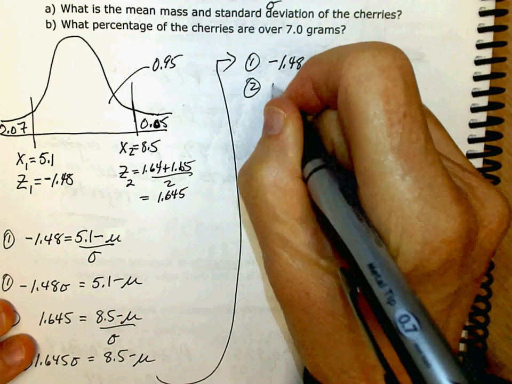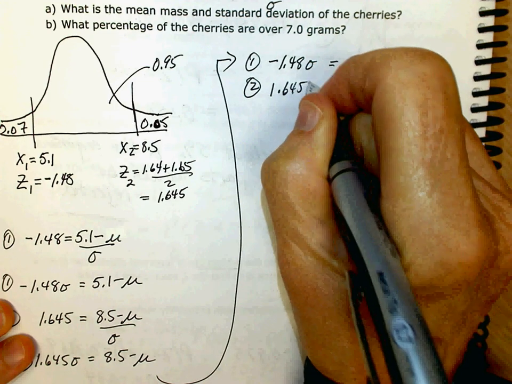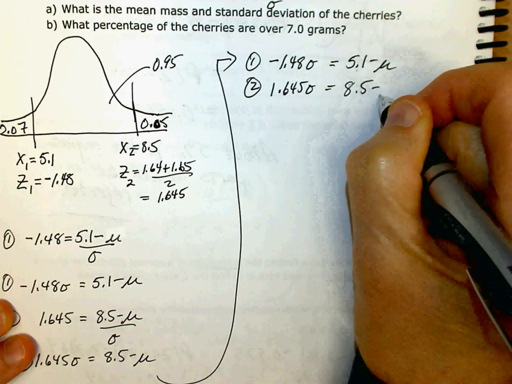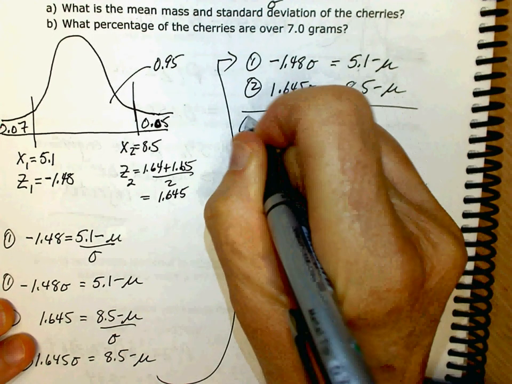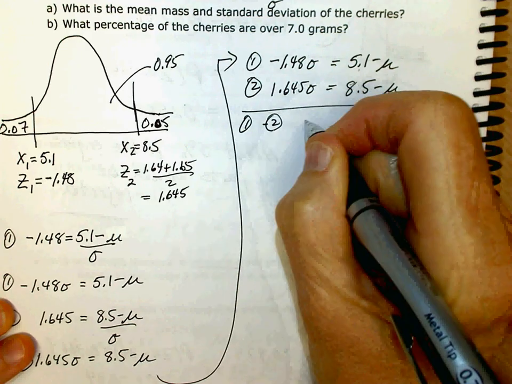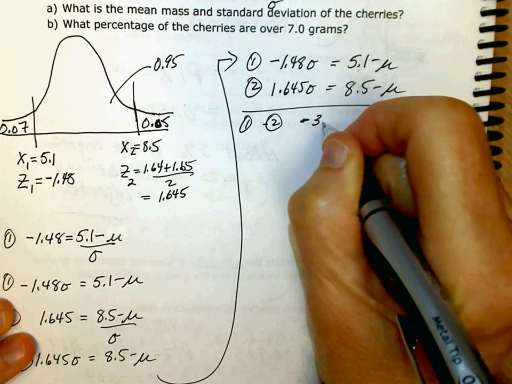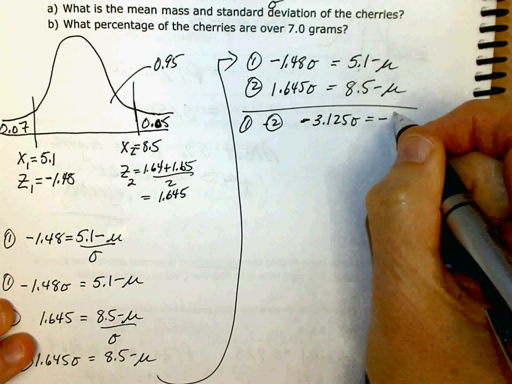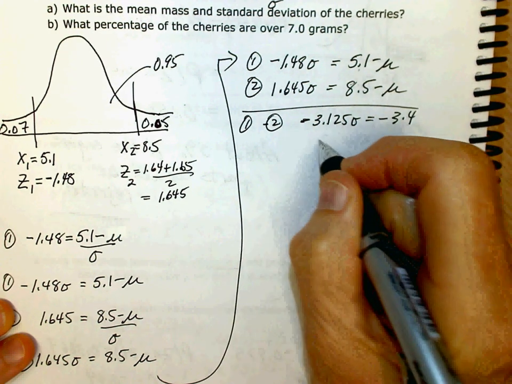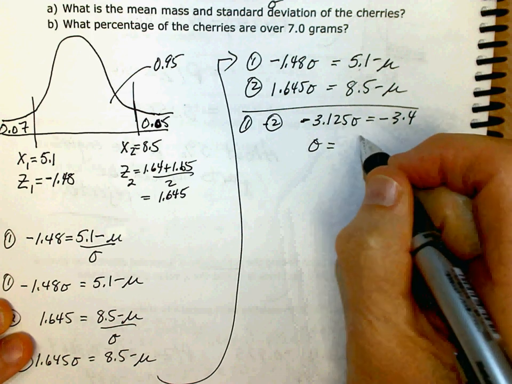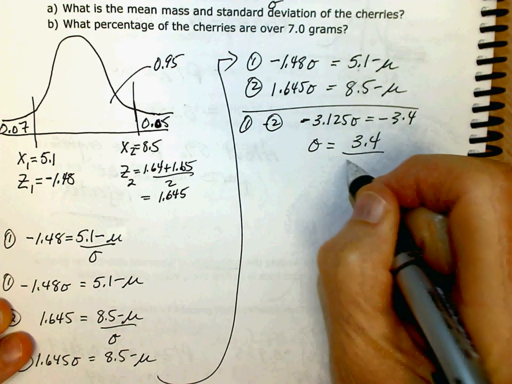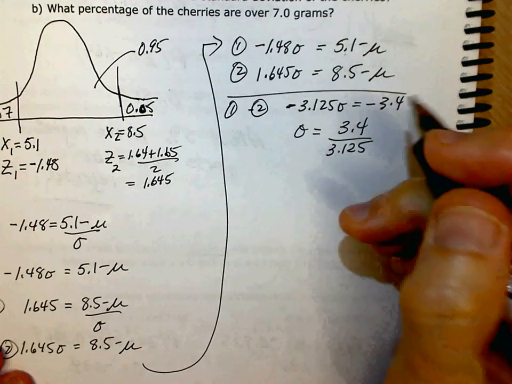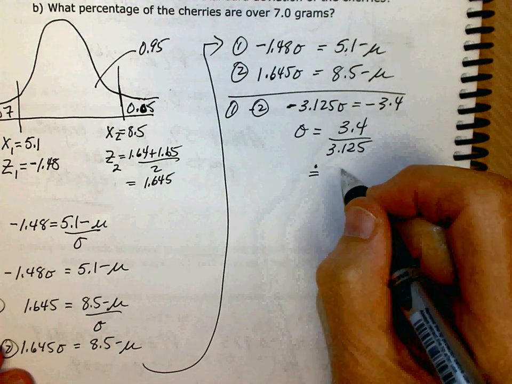Number 2, 1.645 sigma equals 8.5 minus the mean. 1 minus 2: negative 3.125 sigma equals negative 3.4. Sigma equals 3.4 over 3.125. It's just the simple algebra that you learned in grade 10. Sigma is approximately 1.088 grams.